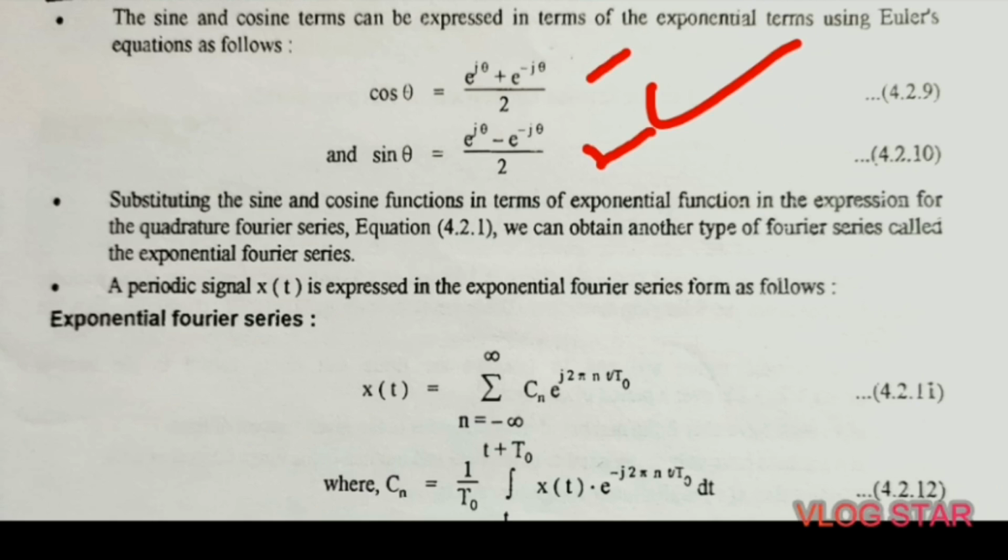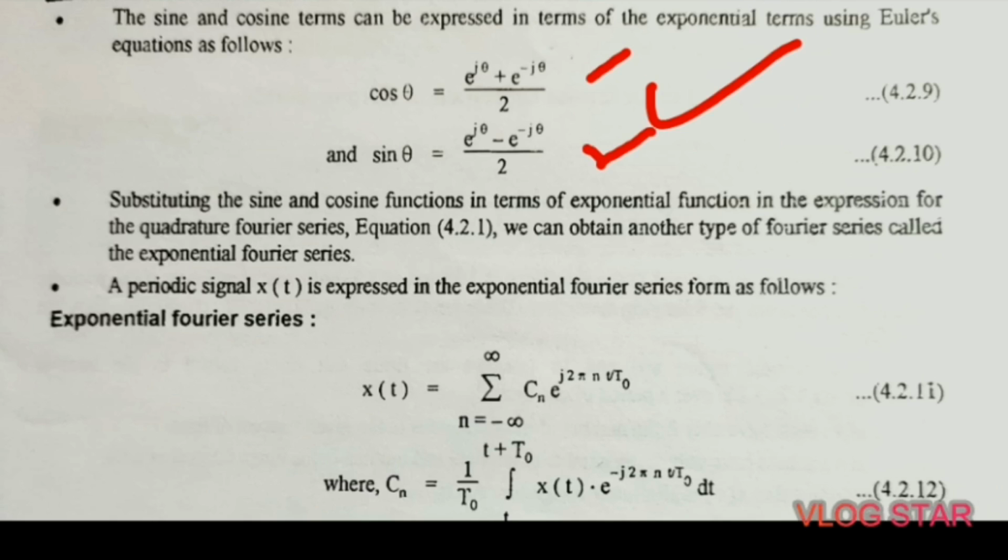So substituting the sine and cosine functions in terms of exponential functions in the expression for the quadrature Fourier series, we can obtain another type of Fourier series called the exponential Fourier series.